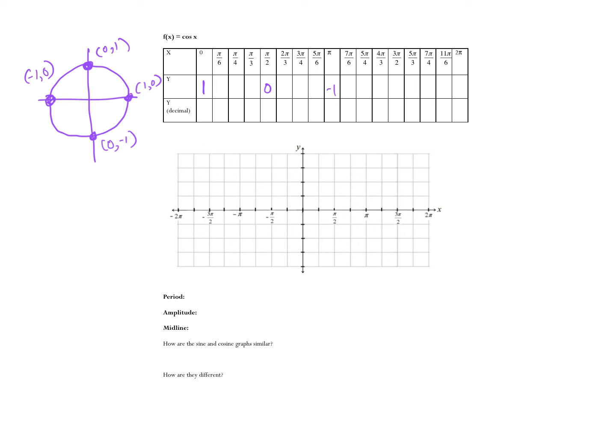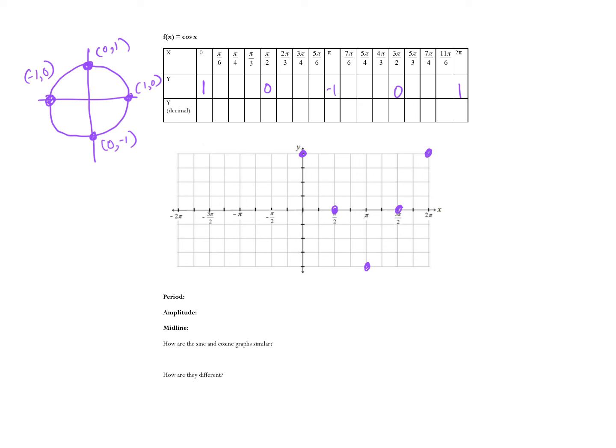Cosine of 3 pi over 2, 0. And then back up to 1. I'm just going to plot those points.